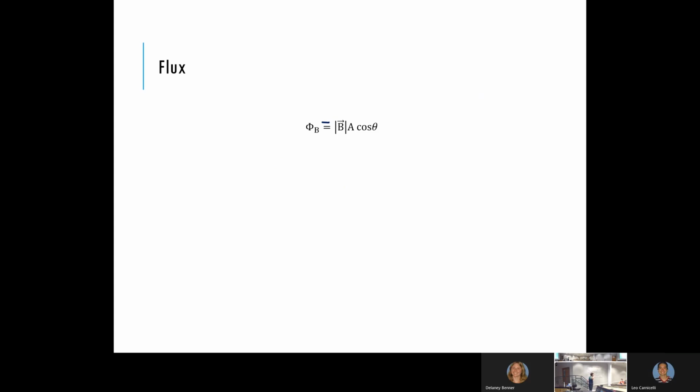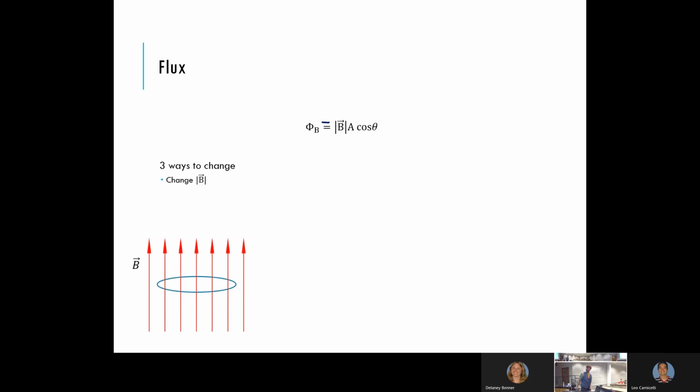The amount of the vector. I can change the magnitude of the vector. I can make it stronger. I can make it weaker. What's the third way that you can change the flux? Oh, yes. Okay. Now you've given it to me in order. Change B. Keep the area the same, but change the strength of the vector field. We can also keep the vector field the same, but increase the area or decrease the area.